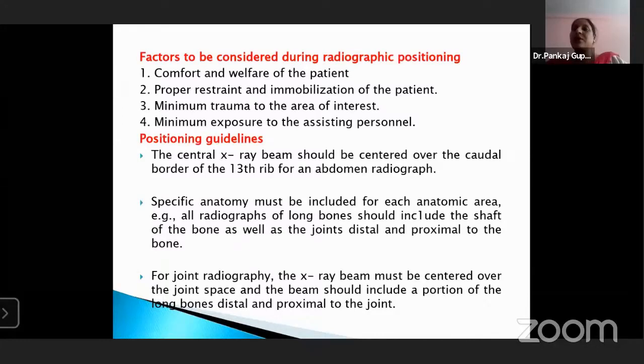Now, for limbs or extremities or for the X-rays of long bones, we must include the shaft as well as the proximal and distal joints. For joint radiography, the central X-ray beam should be focused in the center of joint, and it should include the proximal as well as the distal bone making the joint.